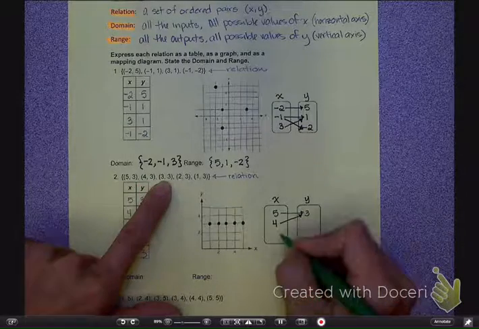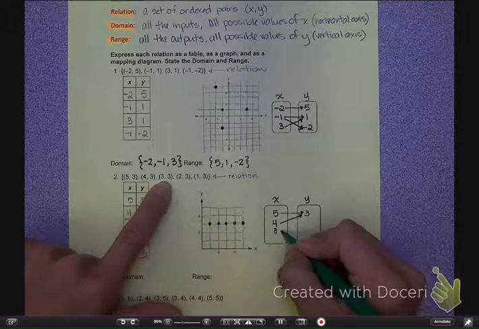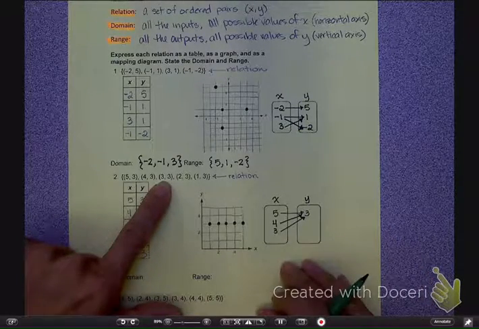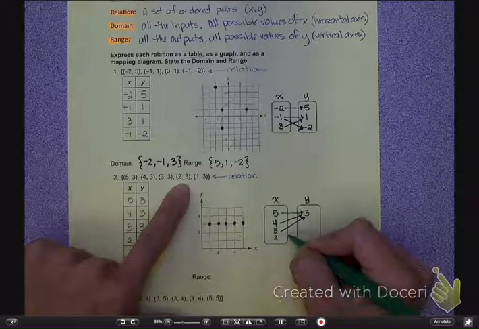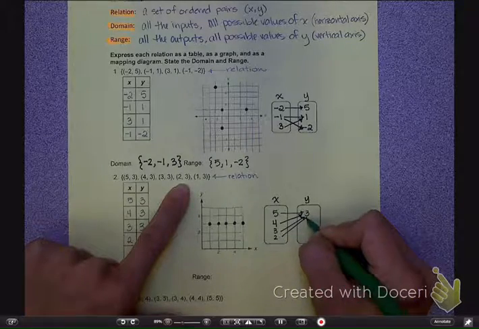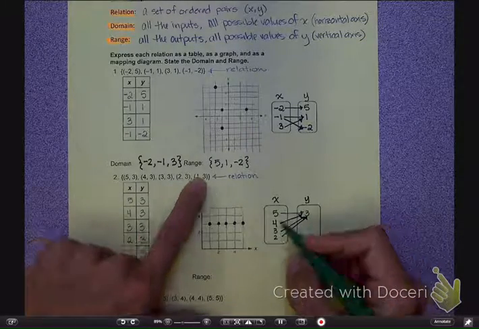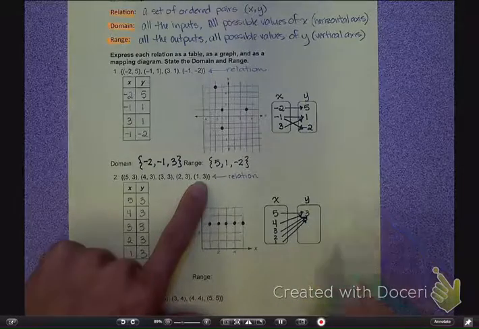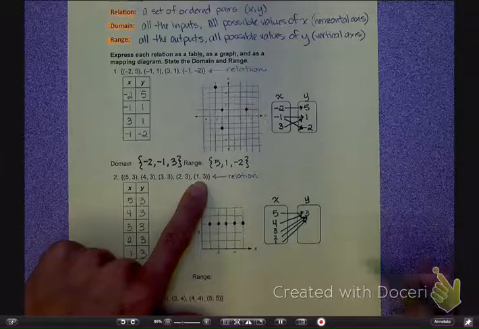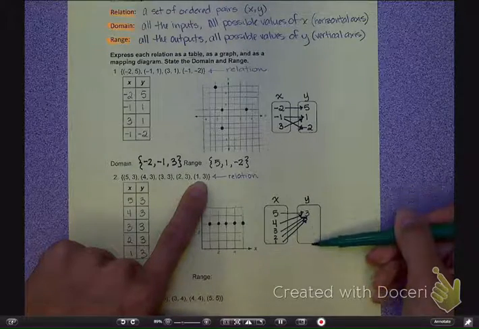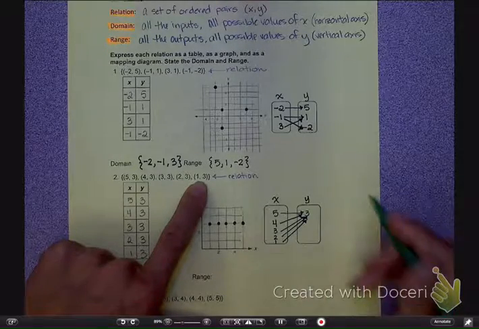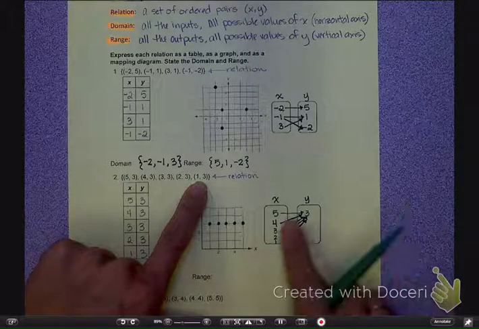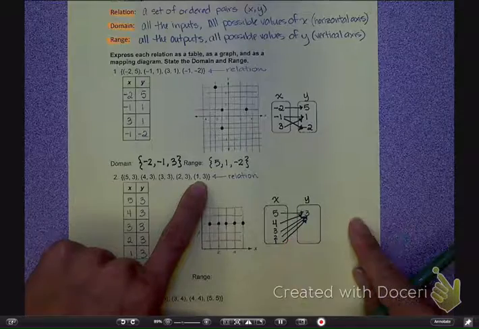Okay, then I have 3 and 3. Well, that y value is already there, so I'm going to draw an arrow again. And 2 and 3. Oh, I really have to squish here because I'm almost out of room. But let's see if I can squeeze the 1 in down there. And that also goes with 3. Okay, so I don't need to write 3, 3, 3, 3, 3 in the mapping. I only need to write each x value once and each y value once and show which ones correspond using arrows.